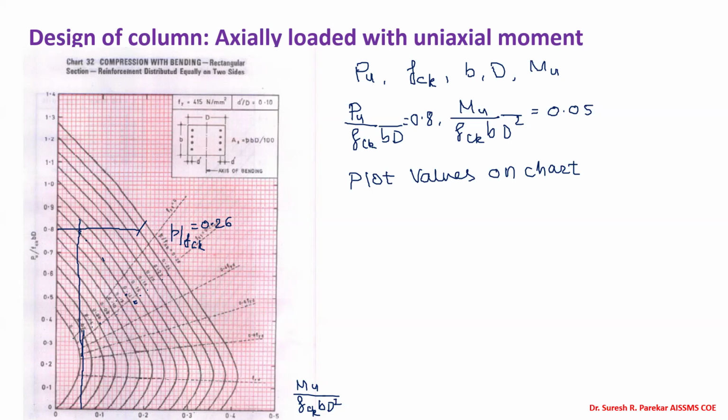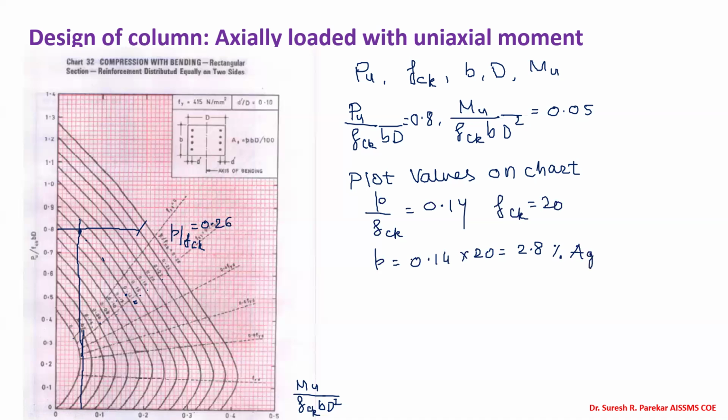So we have p by fck as 0.14. Suppose fck is 20, then multiplied by 20 we have 2.8%, and this is the percentage of Ag.